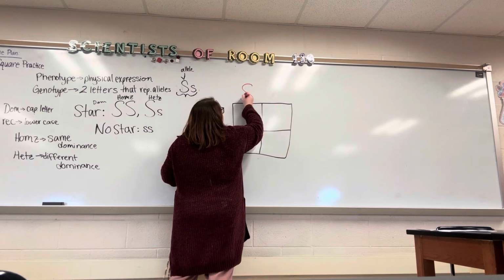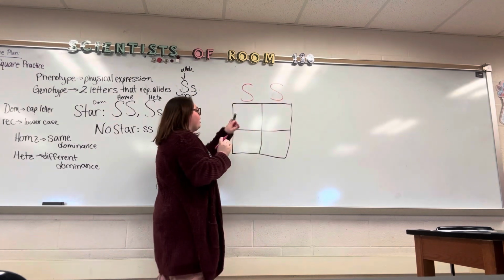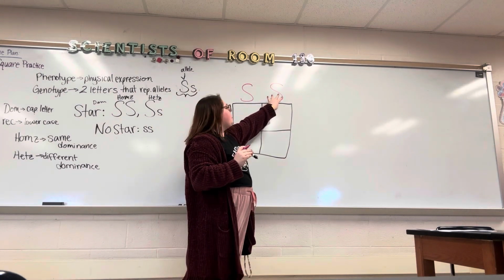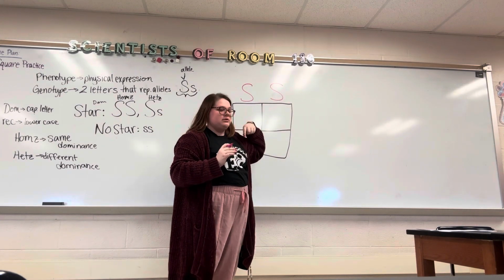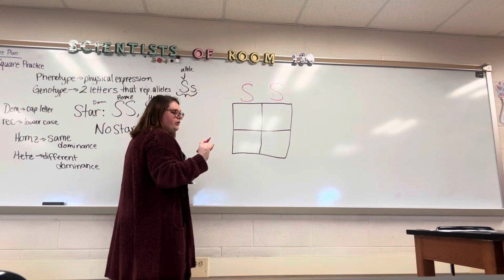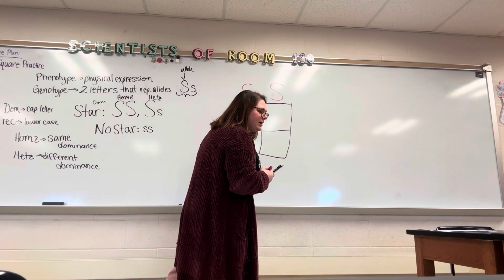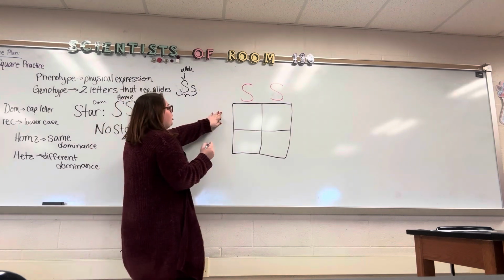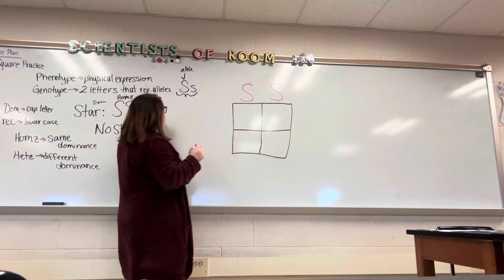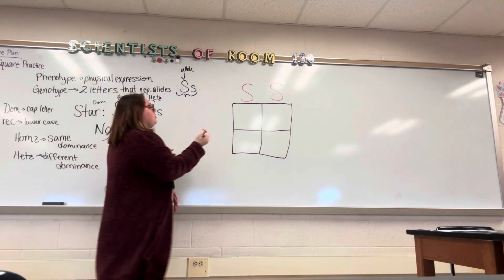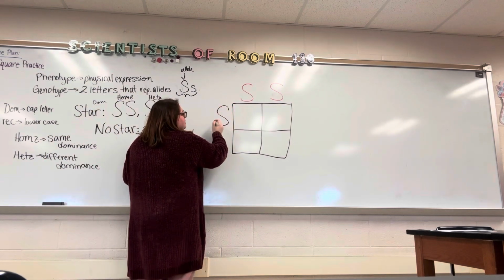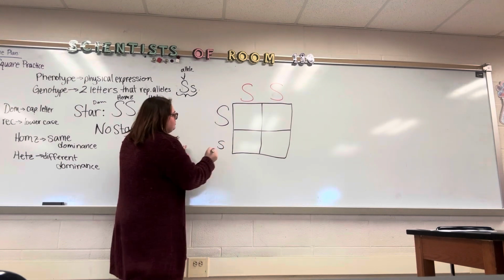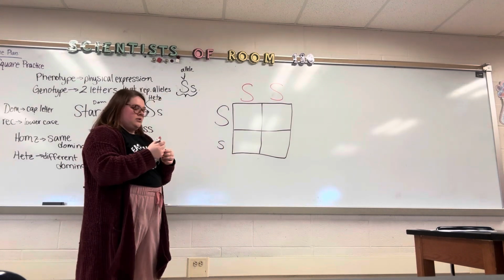So we have capital S, capital S. We're going to write one S above this first box and the other S on top of this second box. Then the other one was a heterozygous star-bellied snork. That would be big S, little s, okay? We put our big S on this first side and our little s on the second one, okay?